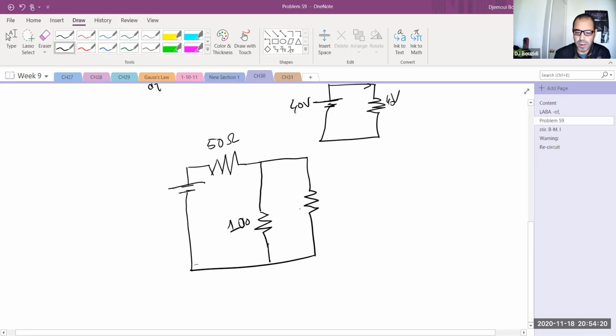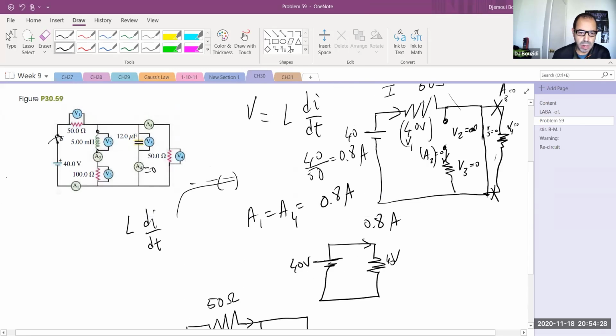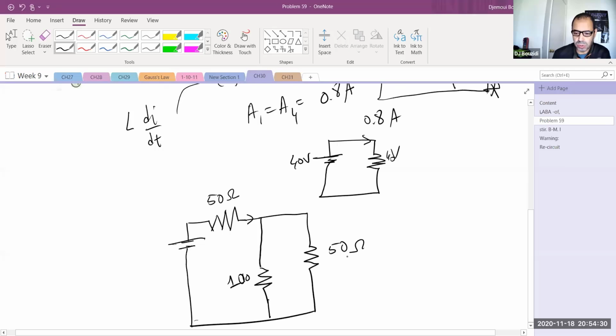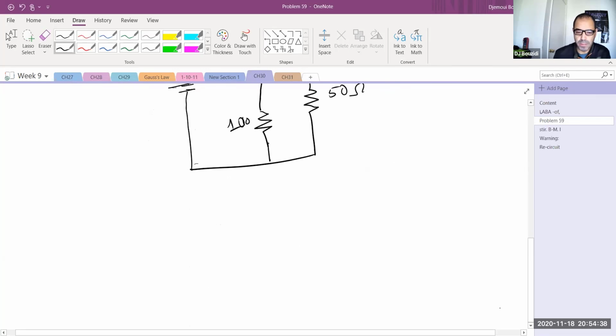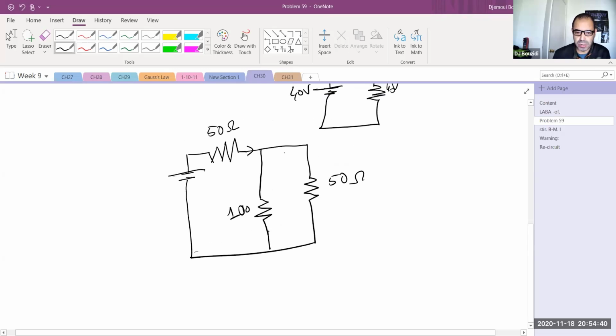So now the current that comes in here is going to split. This is 50 ohms. Yeah, it's 50 ohms. So now I have to find the R equivalent for the entire circuit. We have two resistors in parallel and one resistor in series with them.